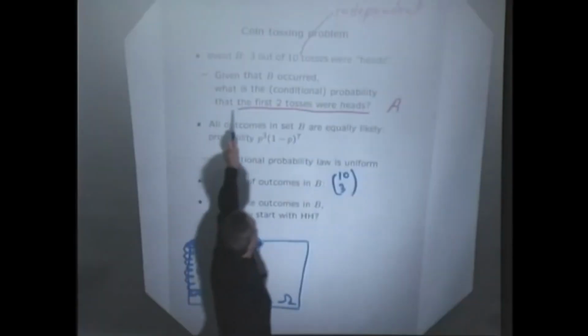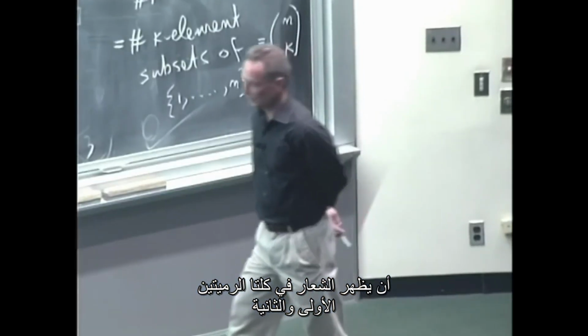Now let's look at the event A. The event A is that the first 2 tosses were heads, but we're living now inside this universe B. Given that B occurred, how many elements does A have in there? In how many ways can A happen inside the B universe?